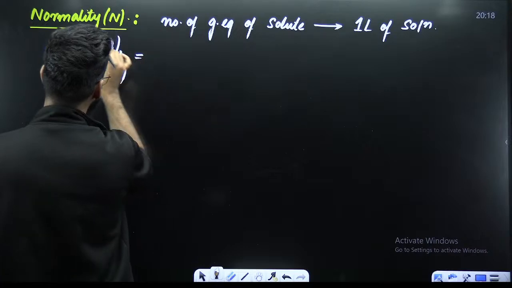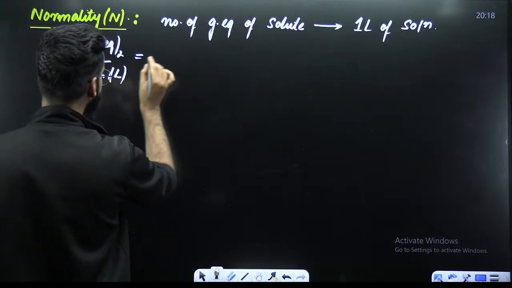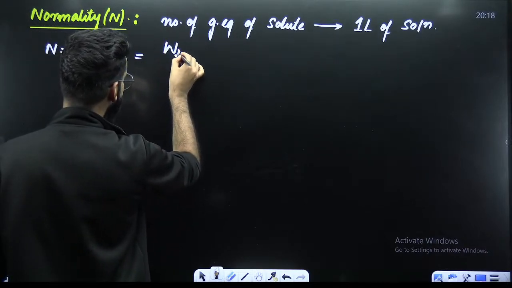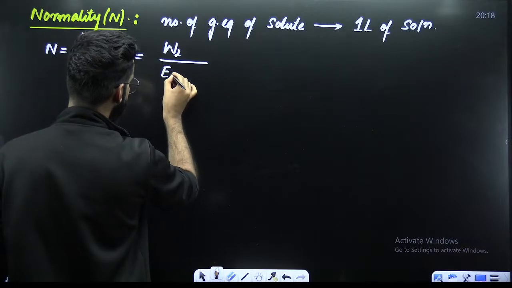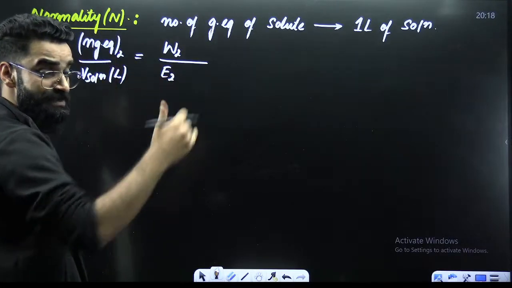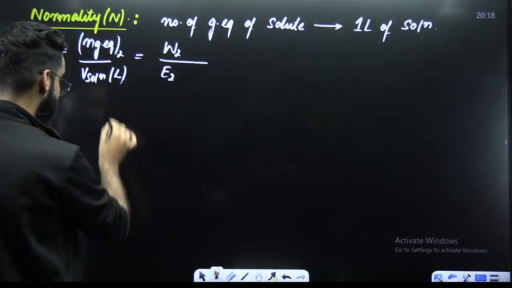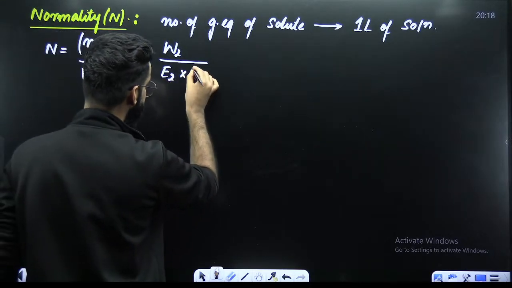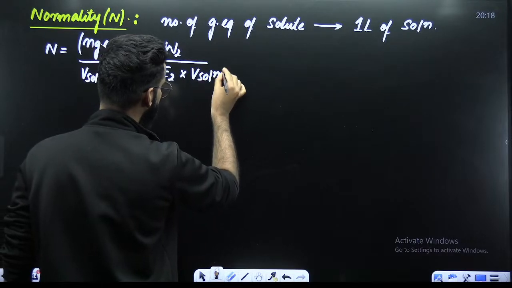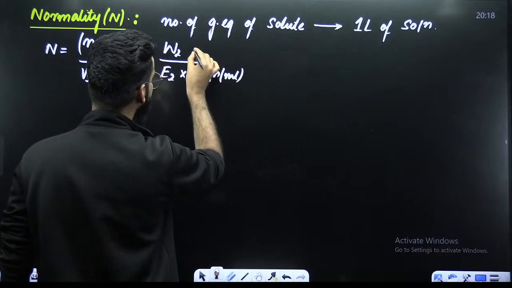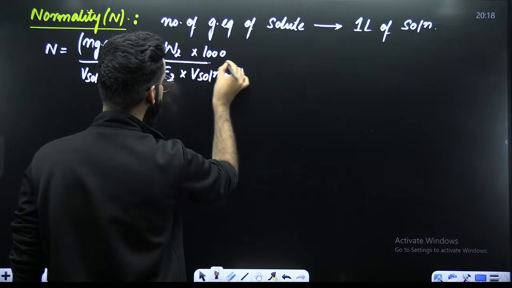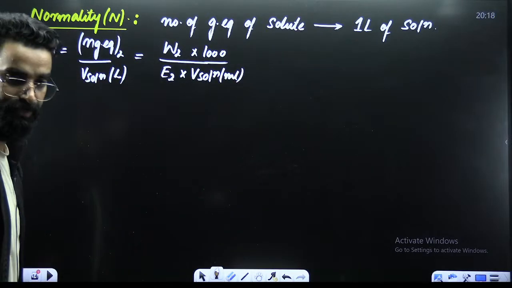Second result: instead of gram equivalents of solute, I can write mass of solute in grams divided by equivalent mass of solute, since the number of gram equivalents is given mass by equivalent mass. And in the denominator, there is volume of solution in liters. I can write volume of solution in ml and multiply here with 1000. This becomes one more result to calculate normality.